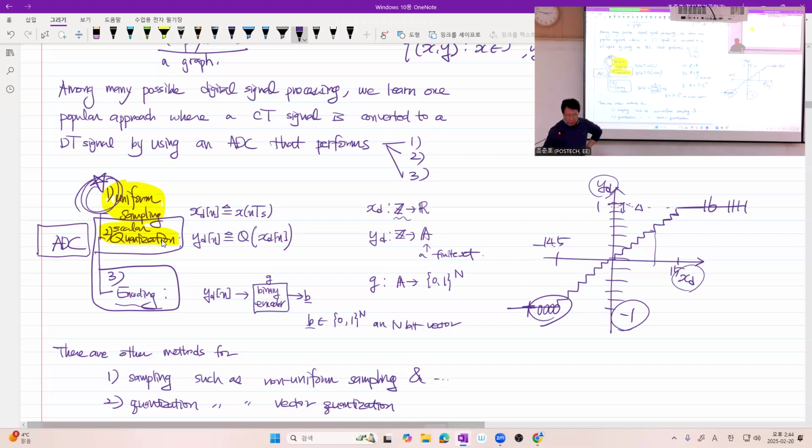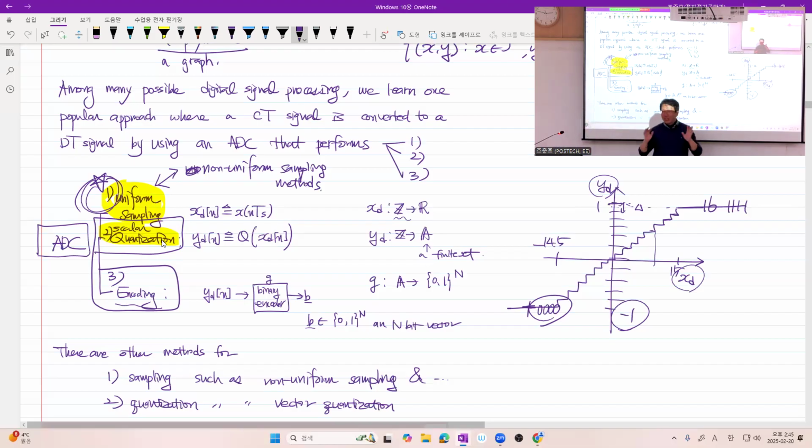By the way, even for this uniform sampling, probably your textbook and many other undergraduate level textbooks will just say sampling, or call the system a sampler. The reason why I emphasize the adjective uniform is that there are, of course, non-uniform sampling methods. Got it?